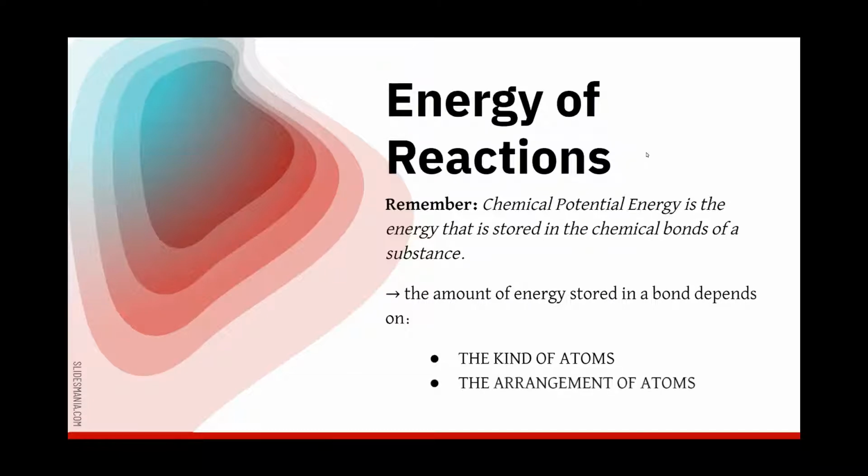And the second thing is the arrangement of atoms. We're going to be looking at things like, is it a double bond? Is it a single bond? So don't worry too much about this because a lot of times there's just going to be a table that tells you. But it is important to know that there are two different things that come into play when we think about the energy of reactions or the chemical potential energy.